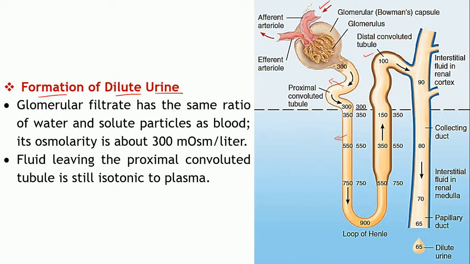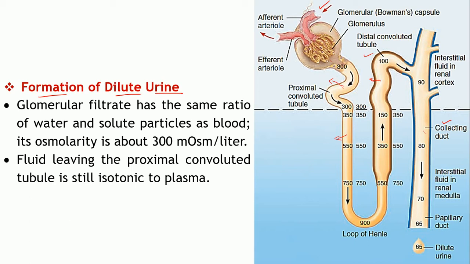In the early distal convoluted tubule, there is the sodium chloride symporter, so sodium and chloride will move into the blood. Whereas the later part of the distal convoluted tubule and the collecting ducts mainly control the amount of water, because here the ADH will act and this will mainly regulate what type of urine is formed.